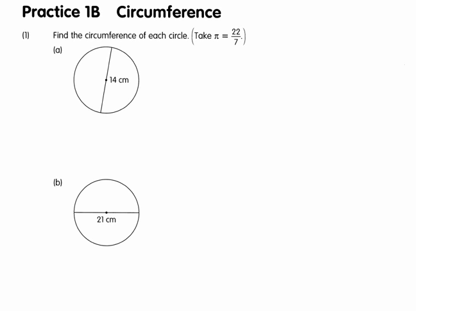Let's say during the exam, they never tell you to use 3.14 or 22 over 7. What? No. You must always use the calculator pi. If the question did not state whether to use 22 over 7 or 3.14, you cannot raise your hand and ask the teacher, teacher, which one should I use?